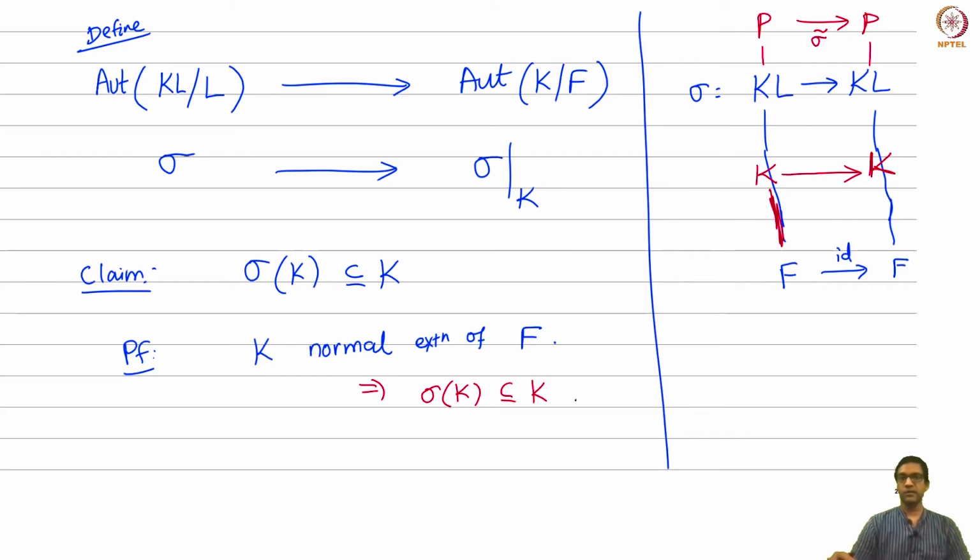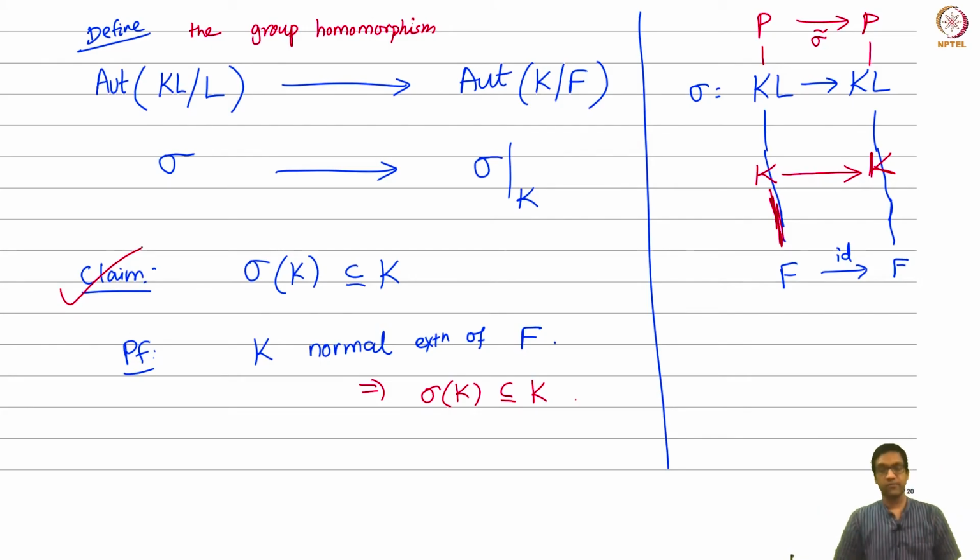We have just restricted a map on a larger field to a smaller field, and so compositions of maps go to compositions of maps. So for well-definedness, we need this claim, and it comes from the normality of K over F.